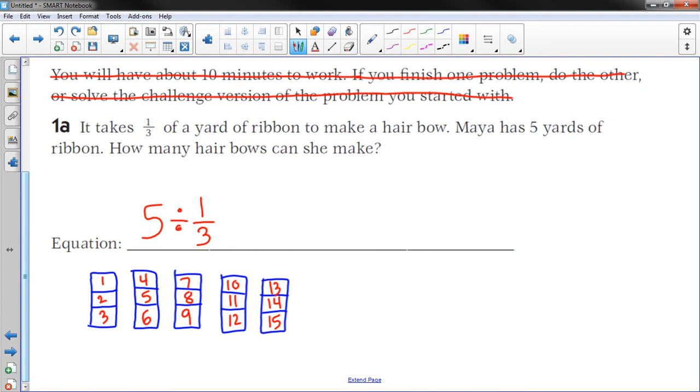Is it 5 divided into thirds? Are each one of these a third? Is 5 whole things divided into thirds? Yeah, that's what's going on here. And it's 15.